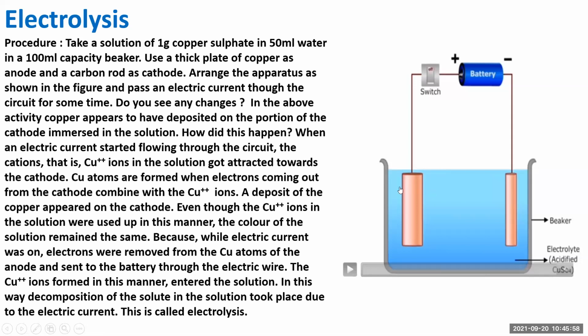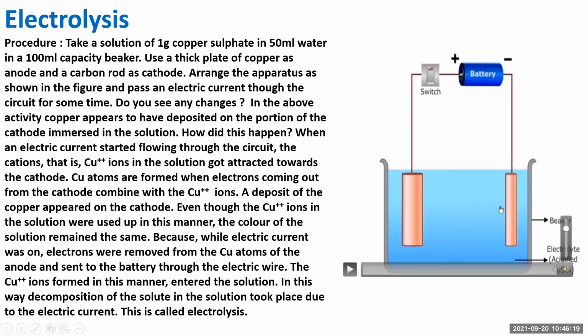Here these are two electrodes. Now what is meant by electrodes? See, here we are arranging a setup of a solution, that is a solution of CuSO4, copper sulfate. Here the bluish color is showing copper sulfate.